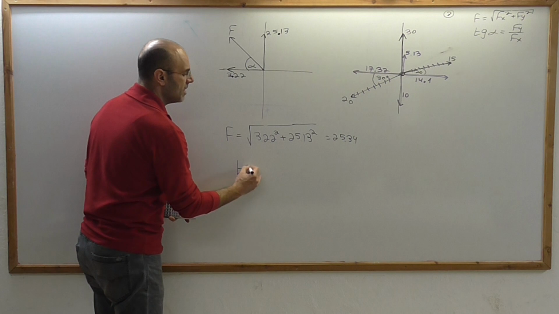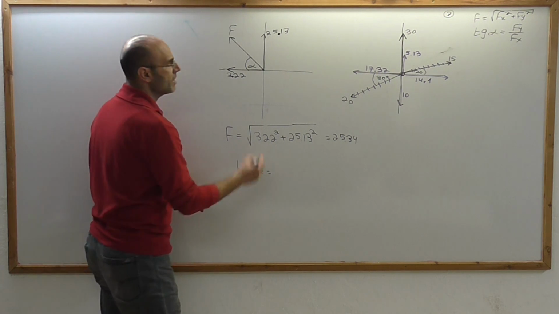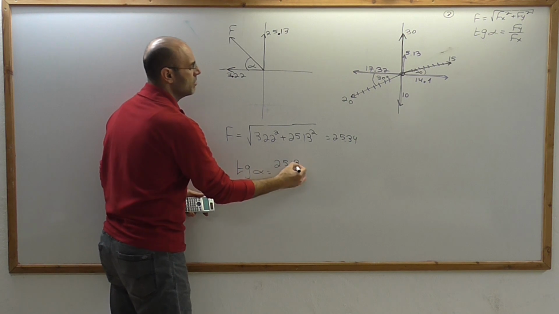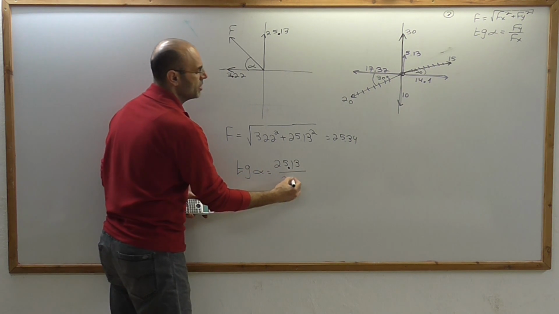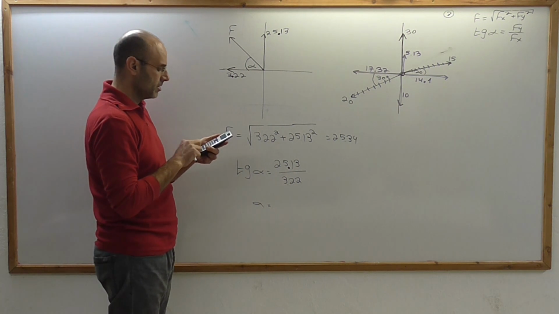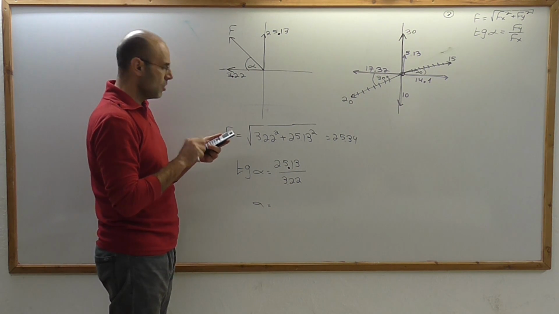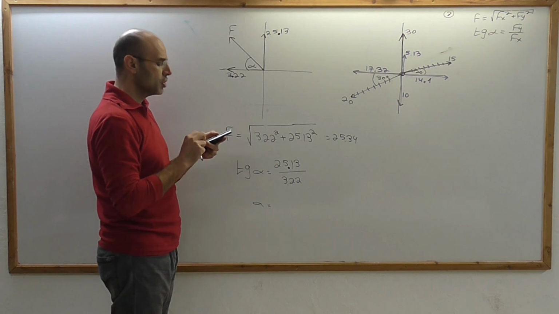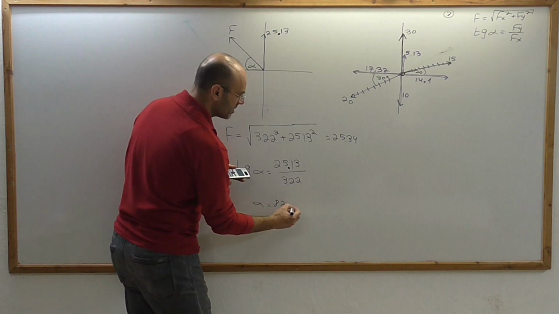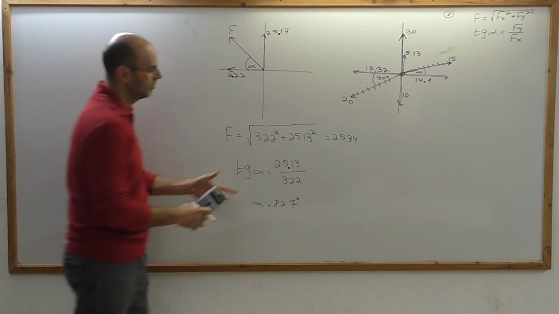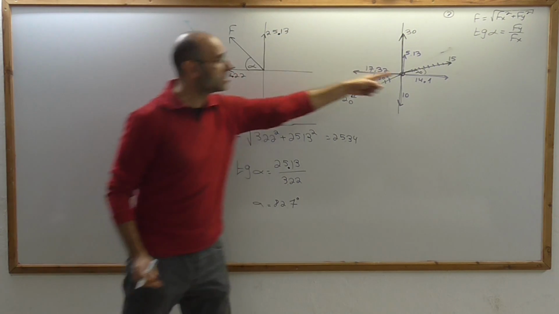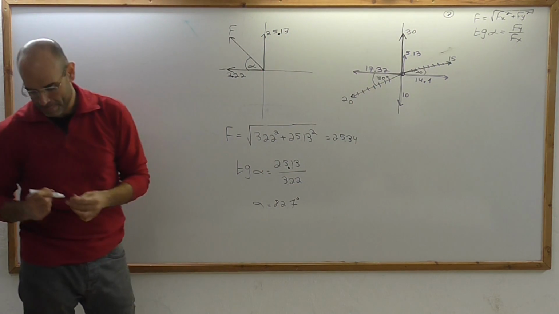And if I want the alpha, tangent alpha is always fy over fx. 25.13 over 3.22, shift tangent, 82.69, let's say 7. So this vector is a resultant vector of these three vectors.